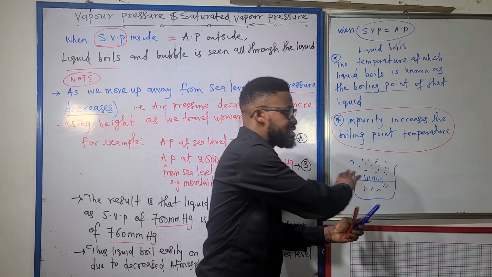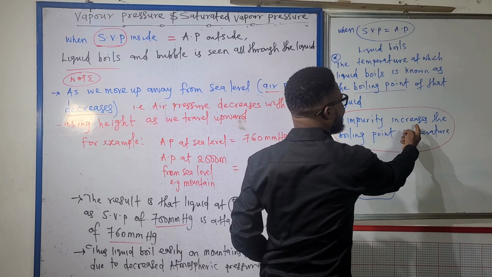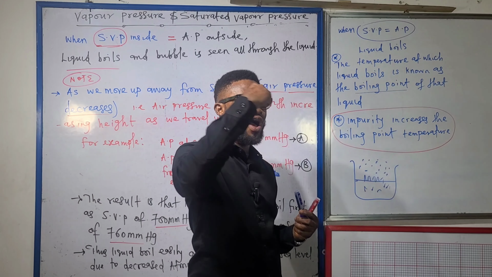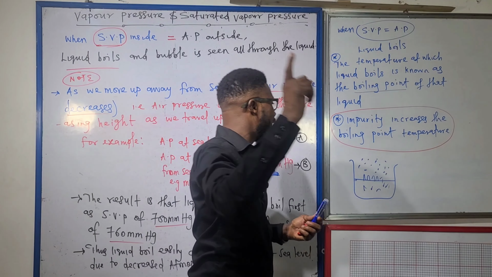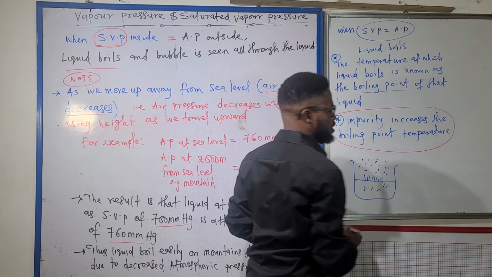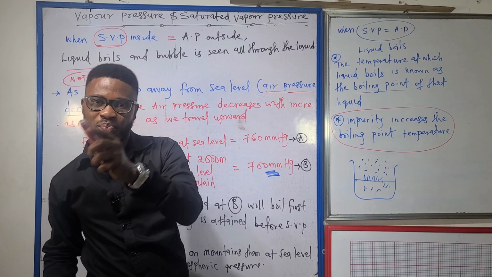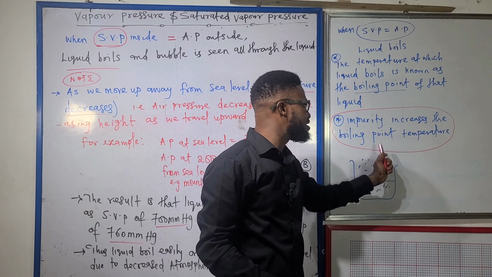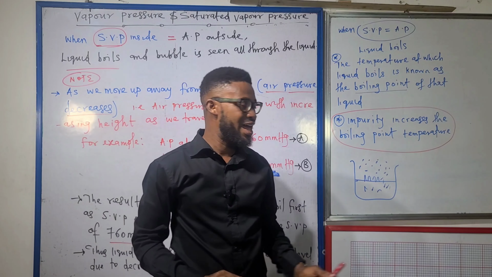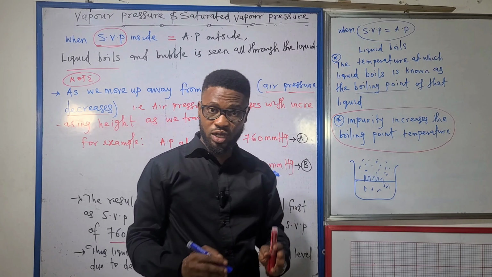Suddenly the bubbles disappear. So what that means is that impurity will now make me have to heat further before I can attain boiling, and therefore we say impurity increases the boiling point temperature. Impurity decreases melting point, but impurity increases the boiling point temperature. Don't forget that, because it's a JAMB or UTME question.